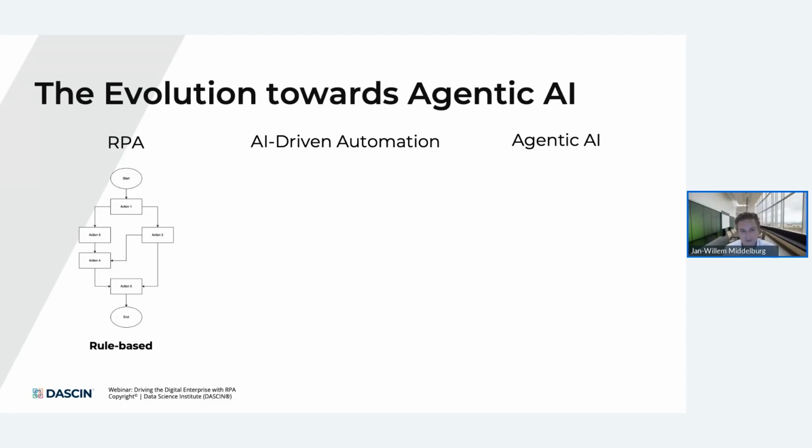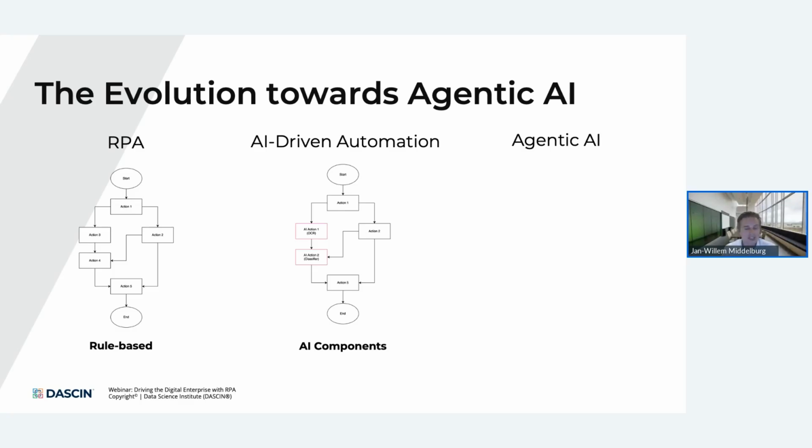Then an intermediate solution that you're probably also already familiar with is what we refer to as AI-driven automation. What we are doing in these workflows is embedding a specific AI component, but still within a traditional workflow.